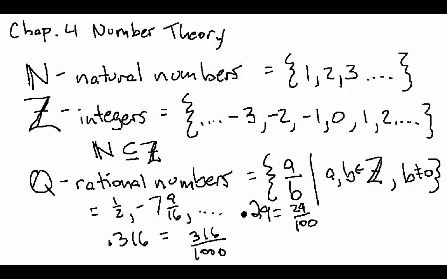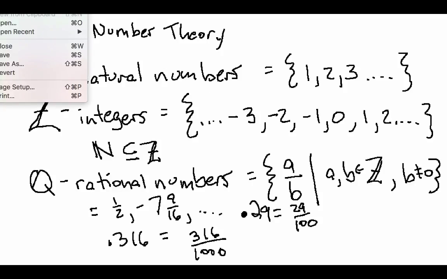But now what may not be clear to you is, what about a number that looks like this? Suppose I have a number that looks like 0.213, 213, 213, and I'm going to write a line over this to indicate that this keeps repeating forever and ever.